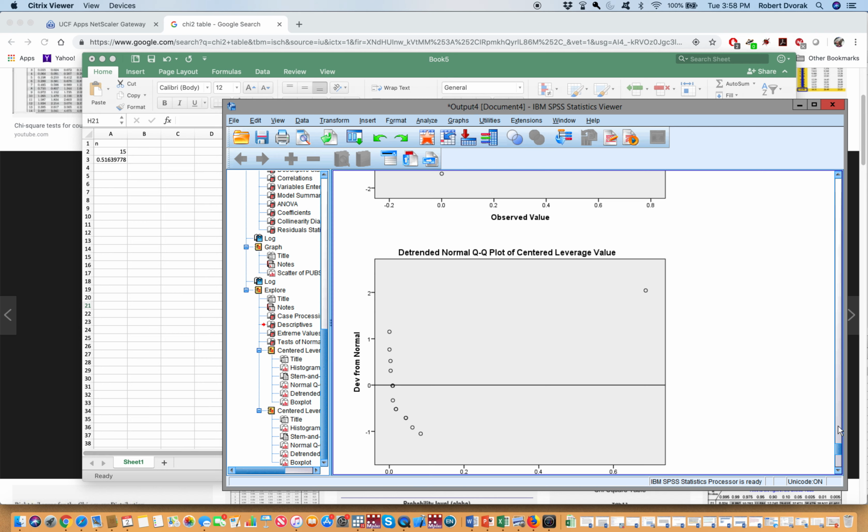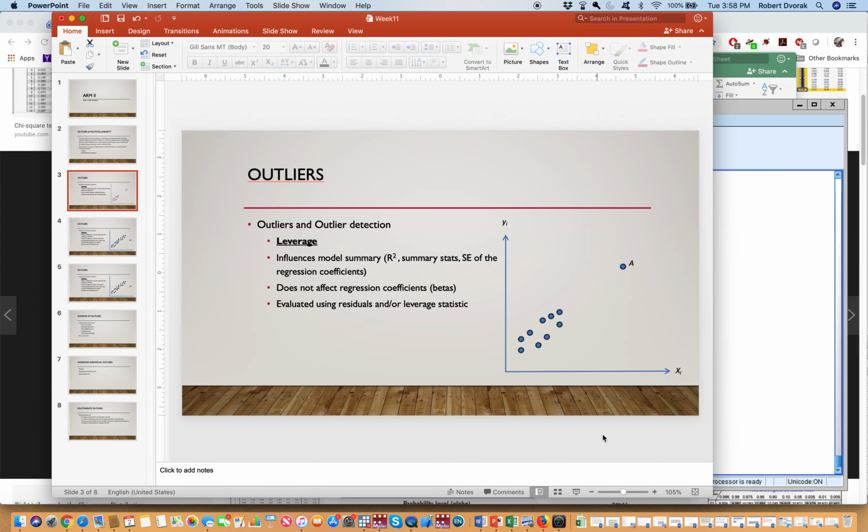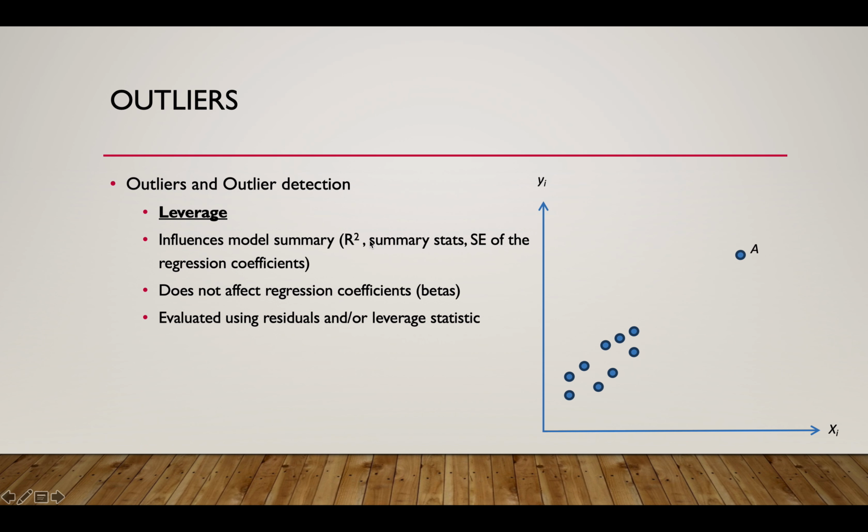And then we've got this guy way over here. That's number 15. And in fact, when you have such an extreme outlier, it makes the other outlier seem like it's not nearly as bad. So the first way that we go about detecting outliers is by examining leverage through R squared, our summary statistics, and using the basic leverage statistic to determine whether or not that should be removed, or what you're going to do with it. It doesn't necessarily have to be removed, and we'll talk about that in just a little bit.